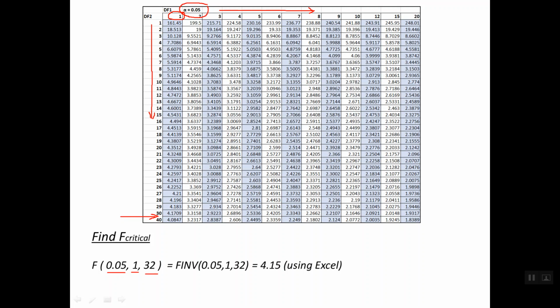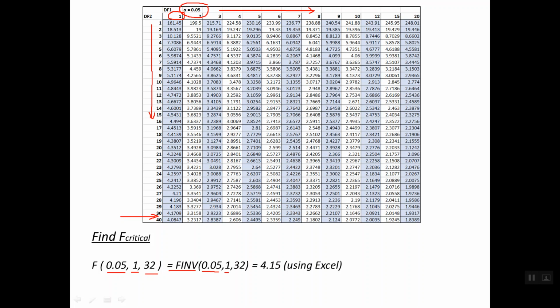We can use Excel in order to get this value by using this formula. F inverse, then it will ask you to determine the probability, so it's 0.05.